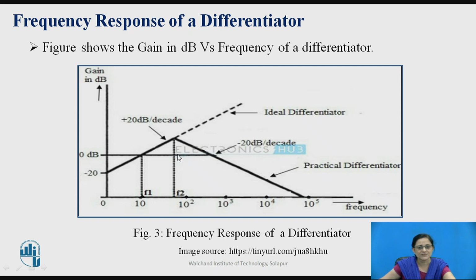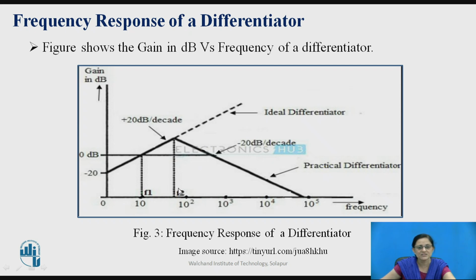But for the practical differentiator, there is some limit for the gain. So at this point, the gain will start to decrease for the practical differentiator at the rate of minus 20 dB per decade. So here you are observing the two frequencies F1 and F2. In some cases, they are defined as FA and FB. F1 or FA is the frequency where the gain is 0 decibel, and F2 or FB is the point where the gain starts to decrease as the frequency increases.